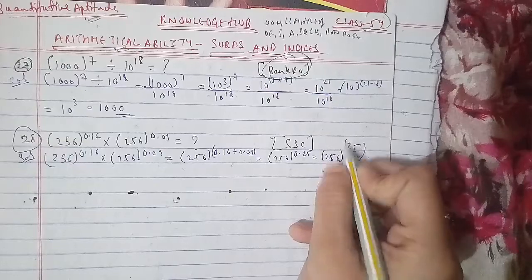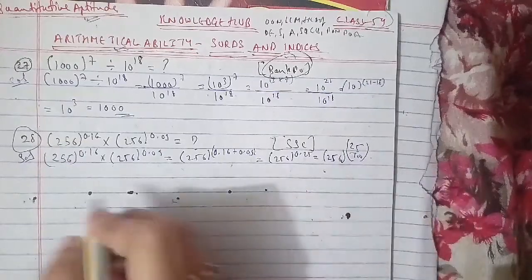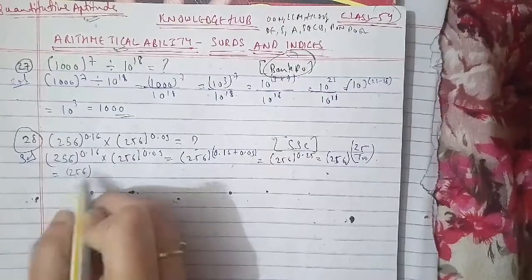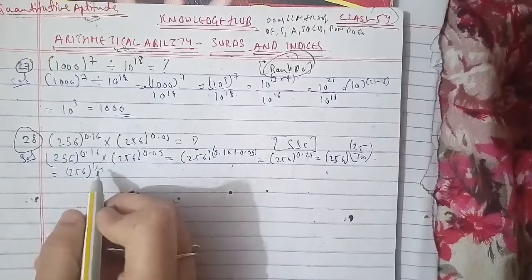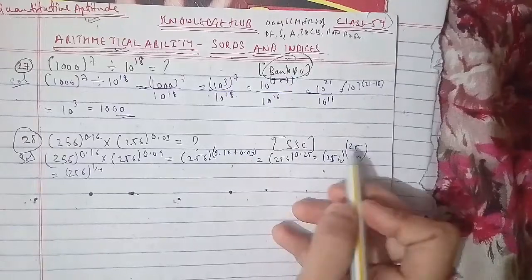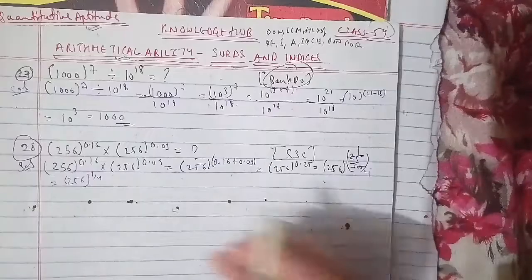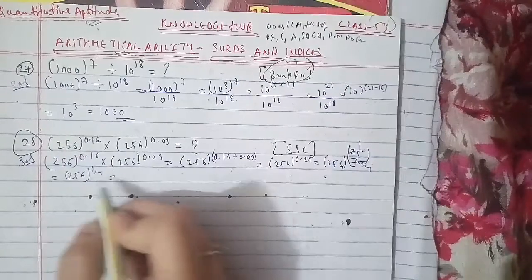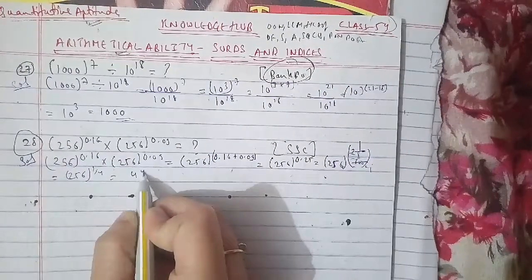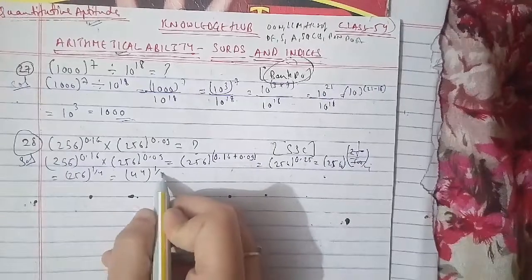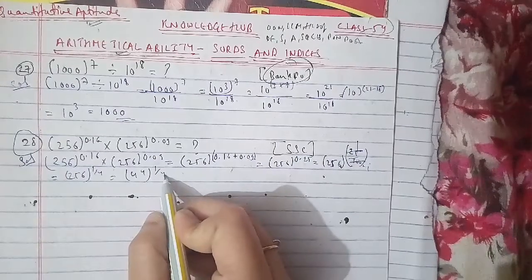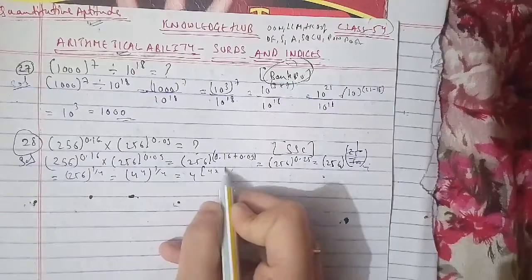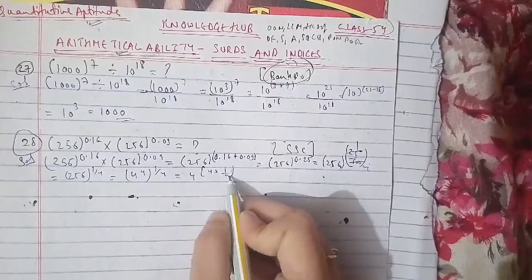We cancel it out: 25 ones are 25, 25 fours are 100, so 256 power 1 by 4. 256 is 4 power 4, so (4 power 4) power 1 by 4. Then 4 into 1 by 4, the 4s cancel, we get 4 power 1, which is 4 only. That is the right answer for this question as well.